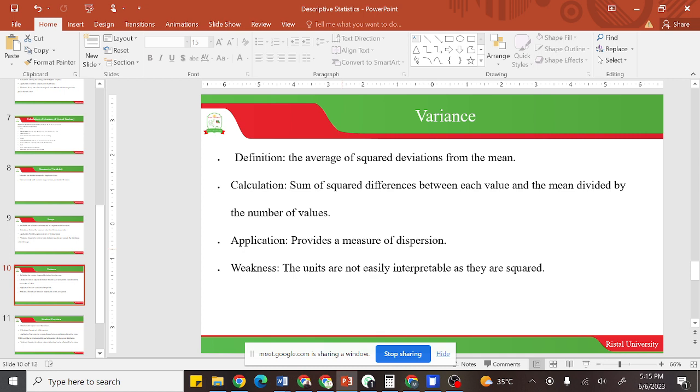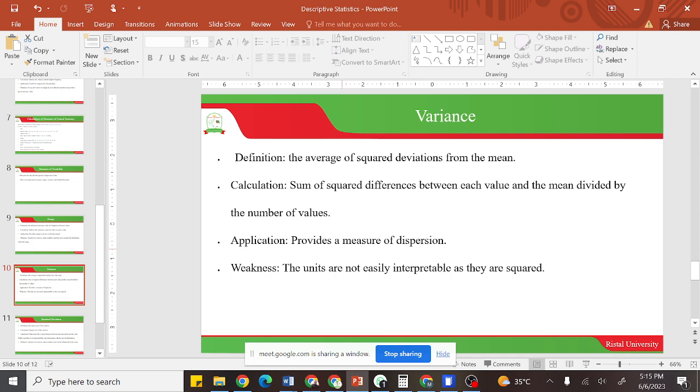For each score, if a student got 50%, you have 50% minus the average, squared. Then you move to the next one, and you divide by the number of students in that class or who sat for that paper. So it is a very good measure of dispersion.